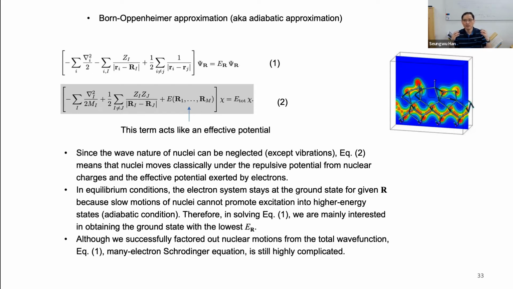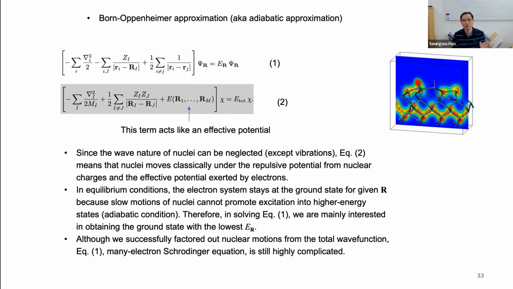Then from the resulting energy, we can treat the atoms, or the nuclei or ions, classically, behaving with the potential that is given by the energy we have obtained from the quantum mechanics applied on the electrons.